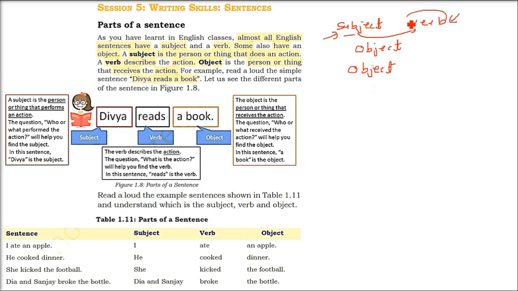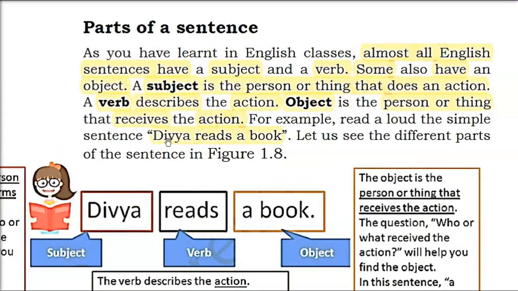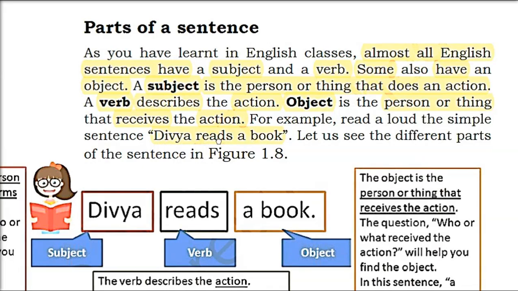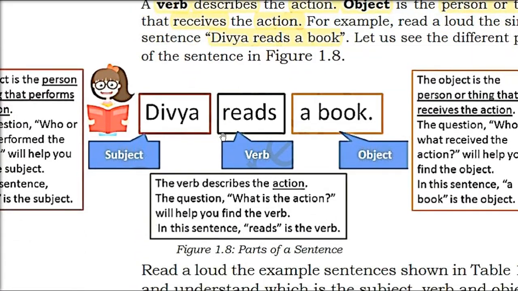The subject is working. What is the working? The verb. But the subject is working on what? The object. The subject is working on an object. So the object is that thing, animal, place or person on whom the subject is doing the action. Divya reads a book. This is an example.